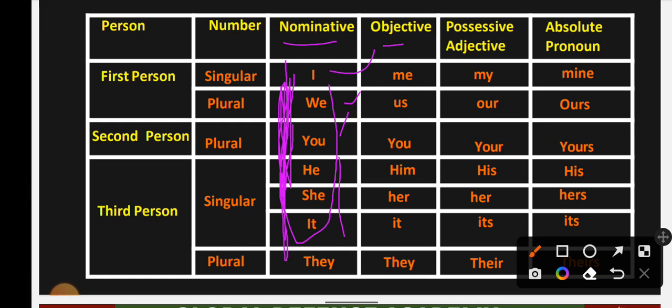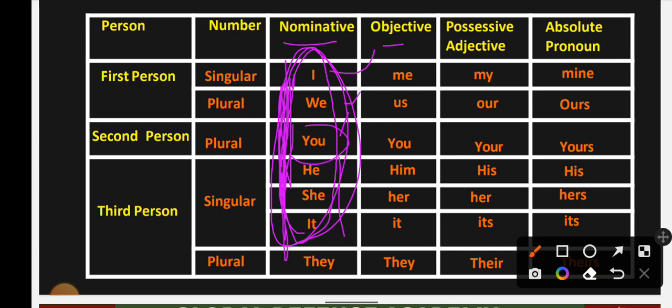All these words are used as a subject of a sentence. What I am saying is, these are the words which can only be used as a subject of a sentence. You can't use I as an object, we as an object, but exceptions are there.